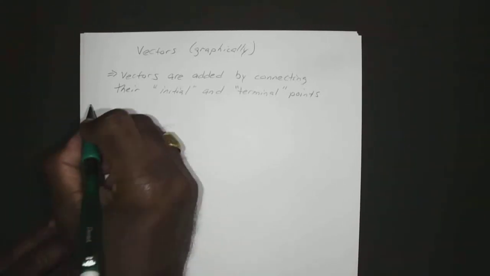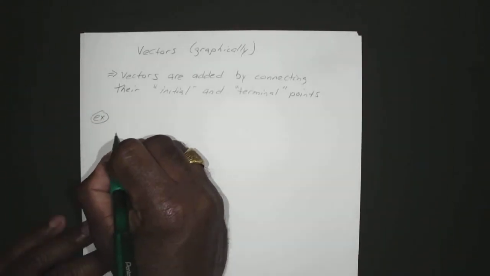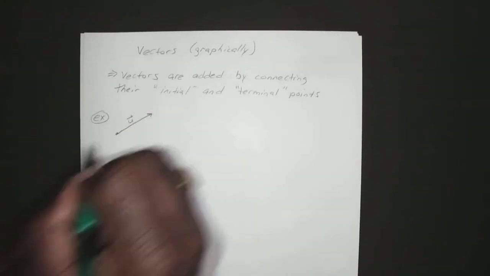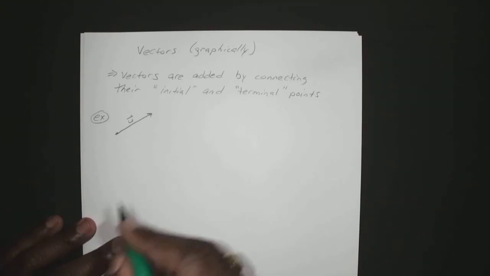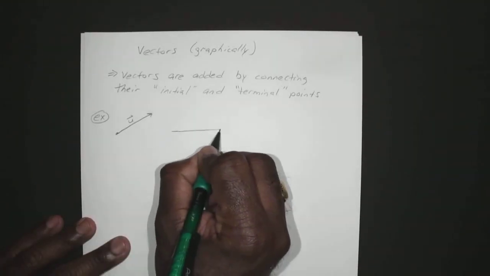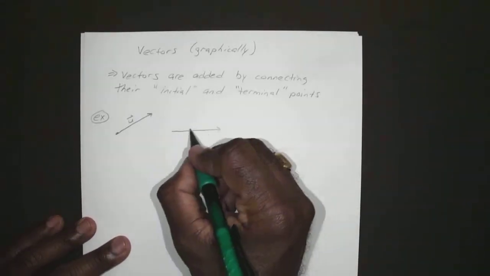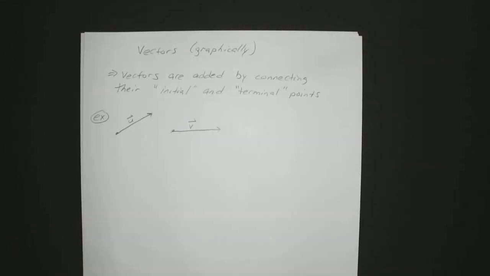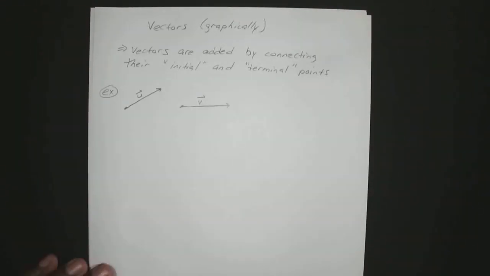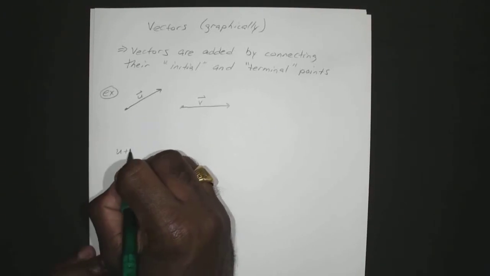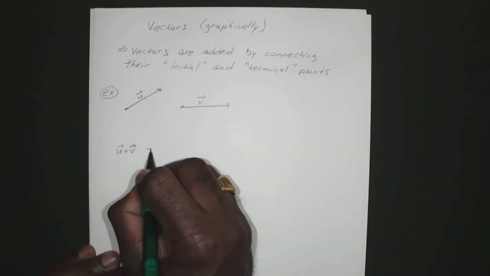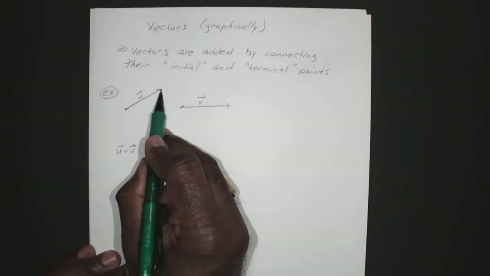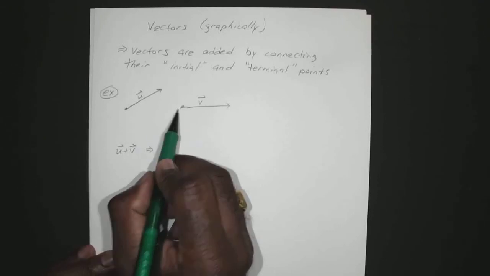Okay, so for example, let's say this is vector u. Okay, and this, we'll let that be vector v. Okay, then vector u plus vector v, you can find that by just connecting the endpoint or the terminal point of u to the initial point of v.